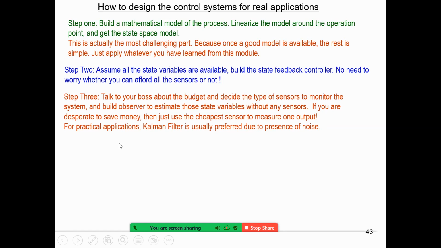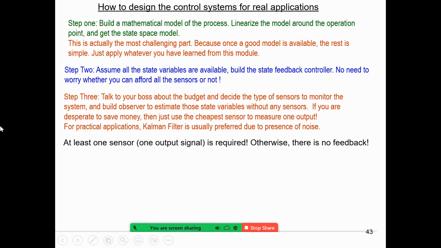And for the state estimation, for real application, a Kalman filter should be used. But in this course, we don't have time to cover the Kalman filter. But no matter what your budget is, you have to get one output, right? Otherwise, there is no feedback. You have to know what is going on, right? You have to get one output.